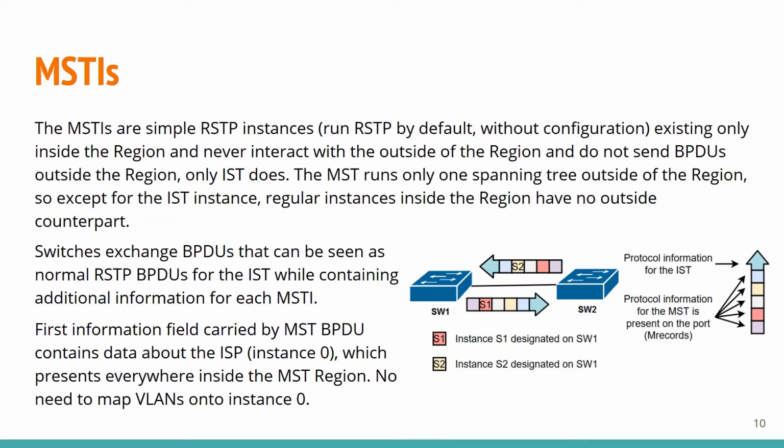This instance is present everywhere inside the MST region. No need to map VLANs onto instance 0, and all other fields in this BPDU are the protocol information for other MSTs. They are so-called M records.